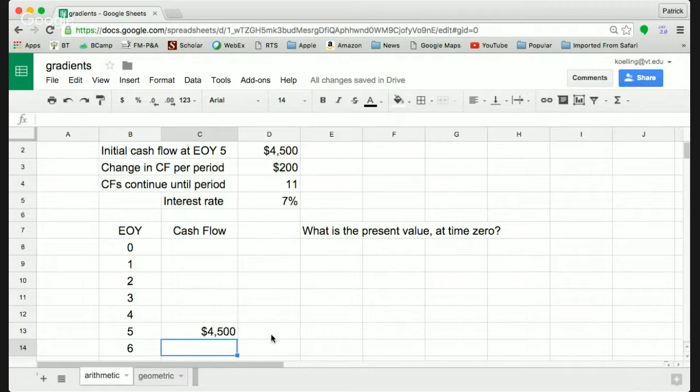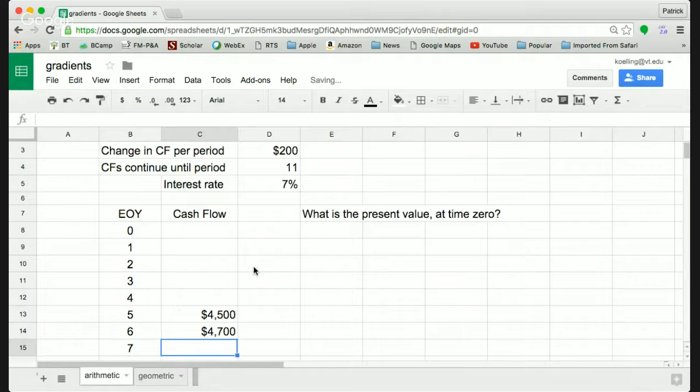Okay, let's look at the year 6 value. It's equal to the previous year plus $200. And I'm going to use an absolute cell reference, $D$3, because I want to copy this formula down, and I always want to be adding $200 to the previous year.